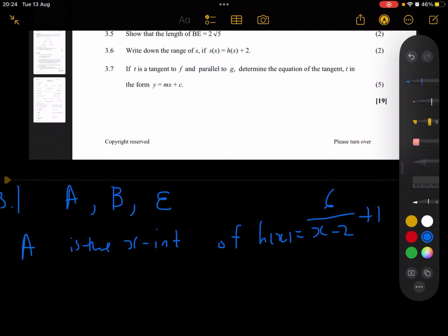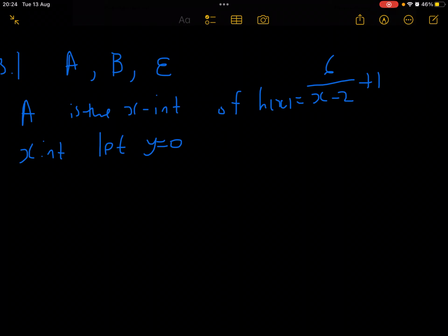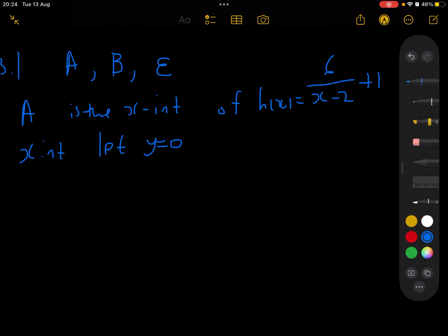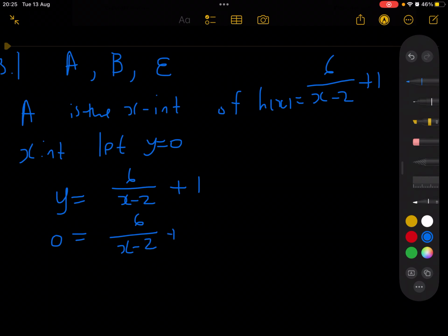Now, if we look at the x-intercept, we let y be equal to 0. This means that 0 is equal to 6 over x minus 2 plus 1, and we solve for x. So minus 1 is equal to 6 over x minus 2.